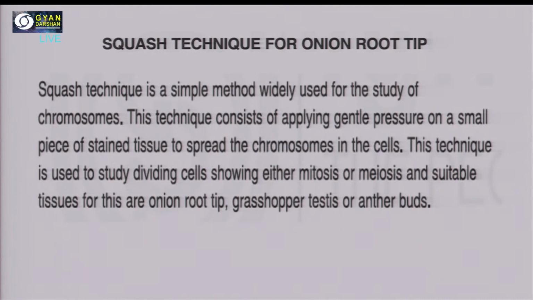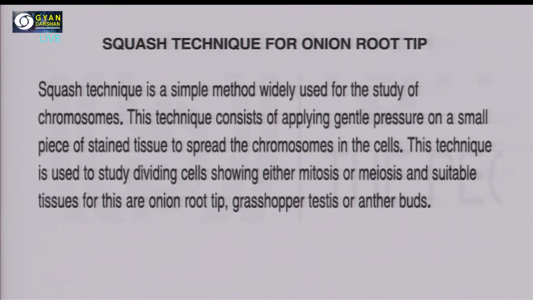What is squash? Squash technique is a simple method used for the study of chromosomes. This technique consists of applying gentle pressure on a small piece of stained tissue to spread the chromosomes in the cells. This technique is used to study dividing cells showing either mitosis or meiosis in suitable tissues. Now, one thing has to be remembered that normally we prefer the metaphase stage in the cytological preparations.